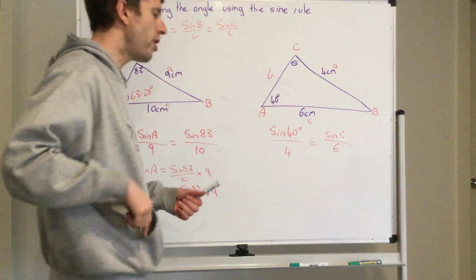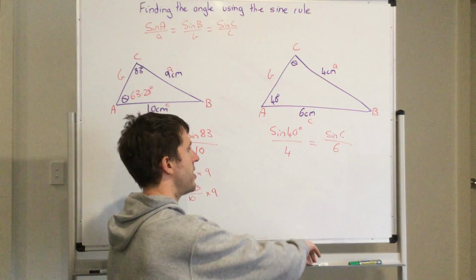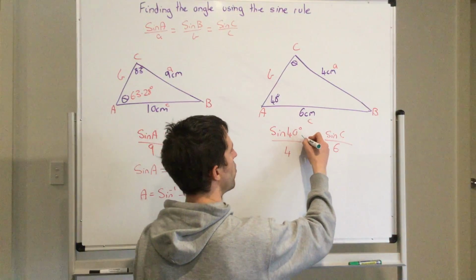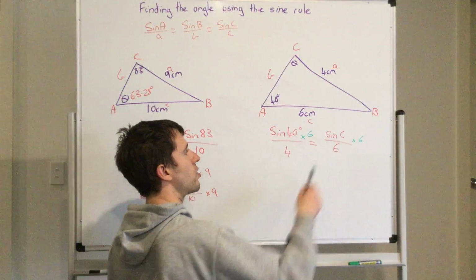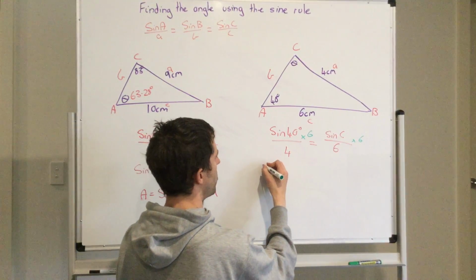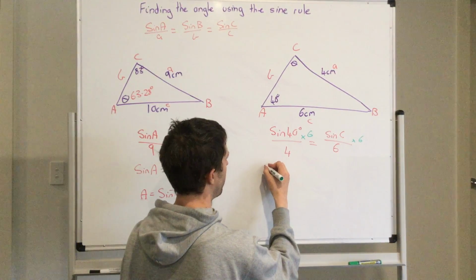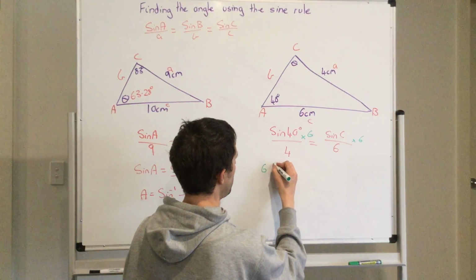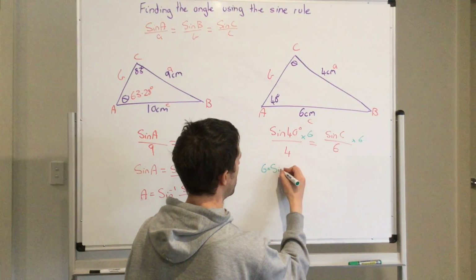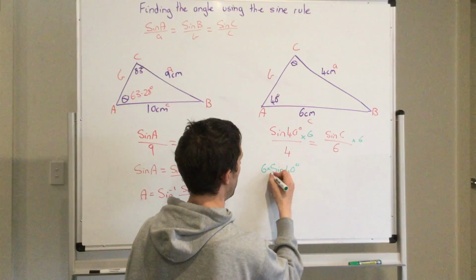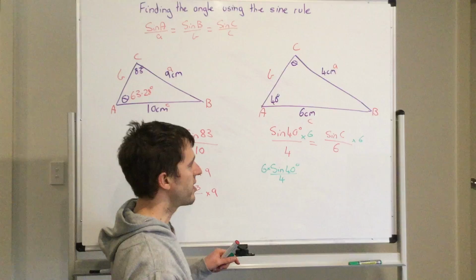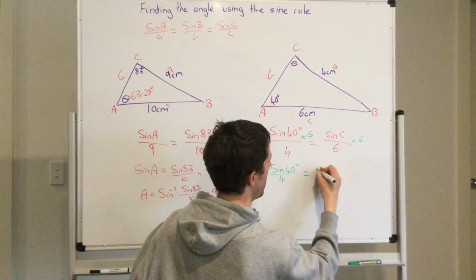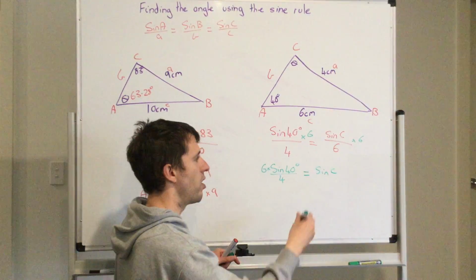Again, the first thing I need to think about doing is multiplying both sides by 6, and that will get 6 off this side. So that will turn into 6 times sine 40 degrees over 4. Next thing I'm going to be doing is I have sine over here.